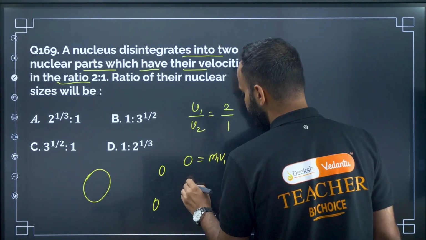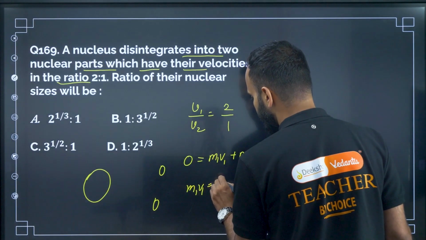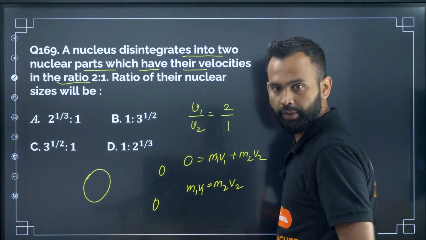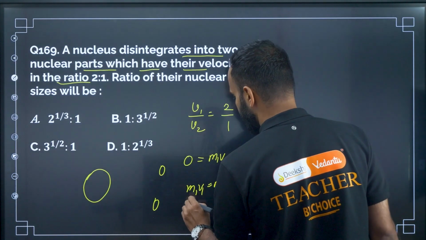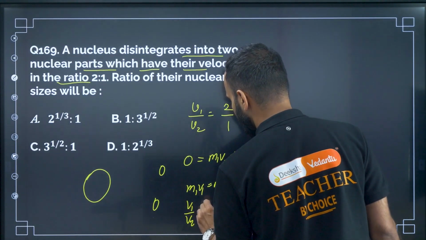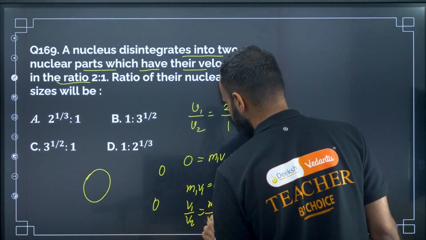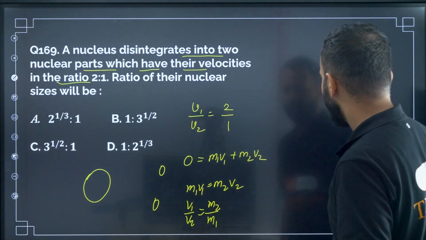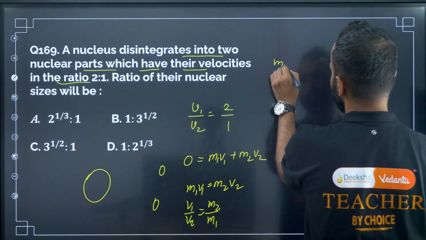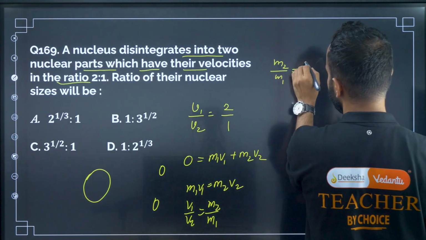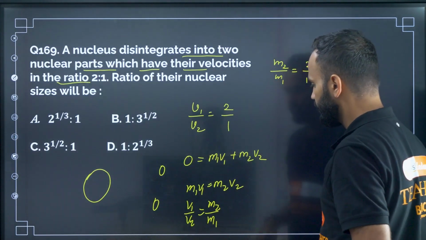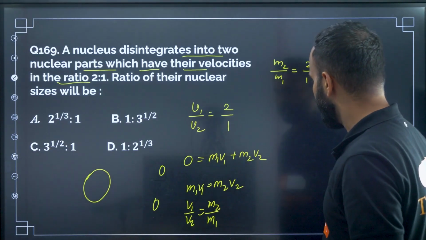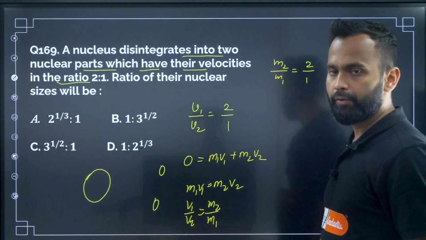So in magnitude m1 v1 is equal to m2 v2, so v1 by v2 is equal to m2 by m1. So m2 by m1 is equal to 2 by 1.